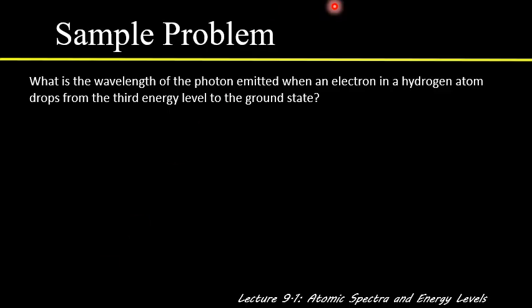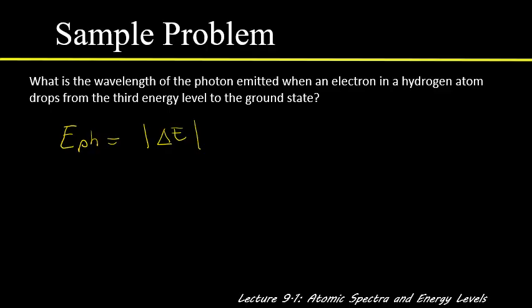All right. So for all of these processes, the energy of the photon is going to be the absolute value of the change in energy. Change in energy might be positive or negative, but the energy of the photon is always going to be positive.